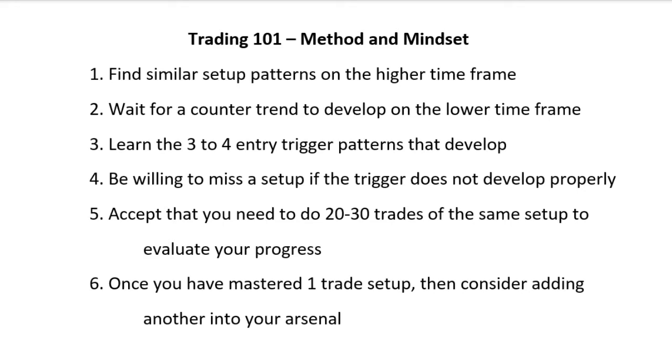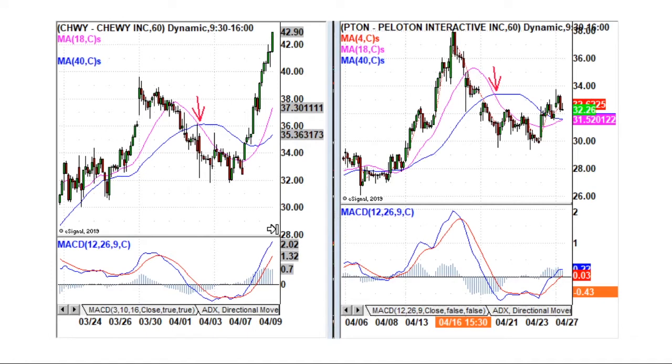And so if I go back to the same stocks, I'm looking for the counter trend move. That's where the 18 crosses down below the 40. And in both stocks, you can see these patterns. They look very, very similar where the 18 crosses down below the 40. And if you notice what takes place in both cases, price goes in between the 18 and the 40 and then tries to continue to the downside.